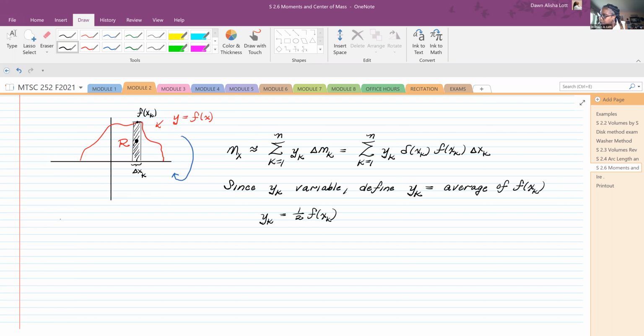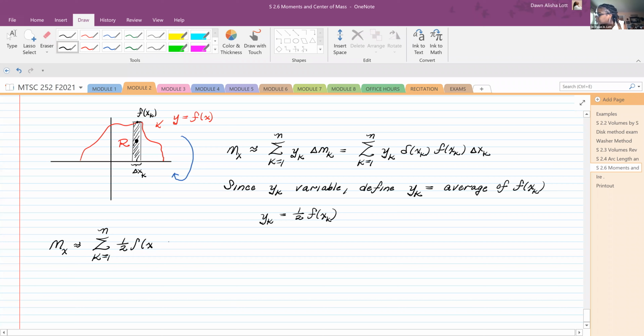Okay, so therefore we get Mx is approximately the sum, k equals 1 to n, of yk, which is 1/2 of f of xk, delta of xk, times f of xk, delta xk.